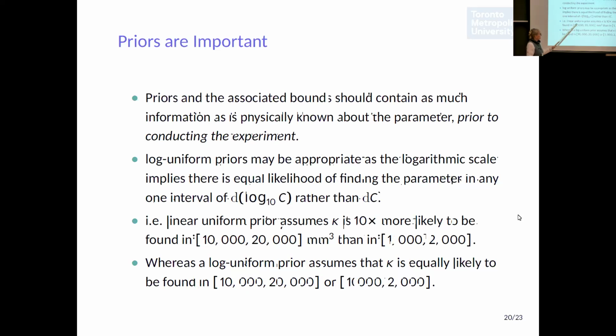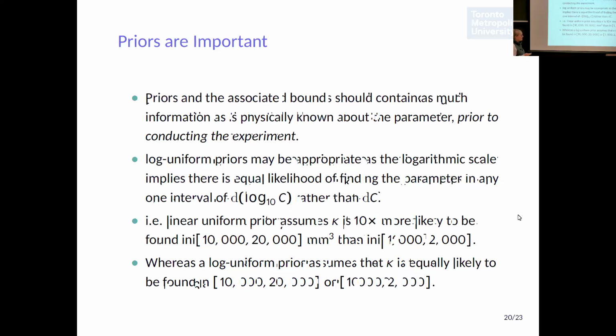But a linear uniform prior can make a lot of sense. A linear uniform prior says that it's equally likely to be found in the range from 10,000 to 20,000 as from 1,000 to 2,000, whereas a log uniform prior assumes that it's not 10 times more likely to be found here than in here; they're equally likely.